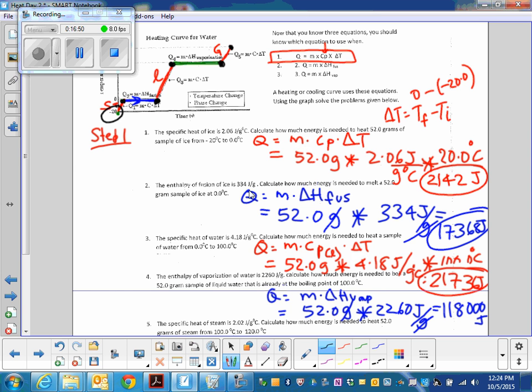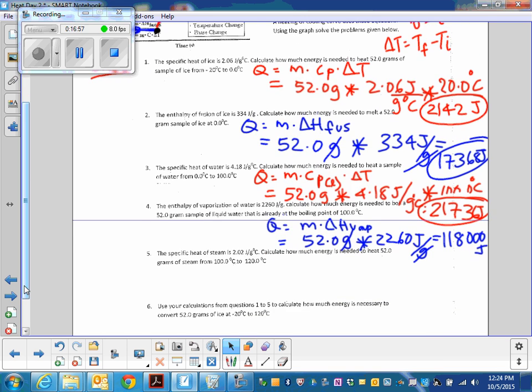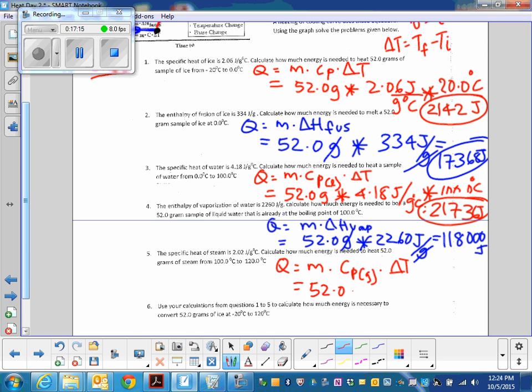The gas is being heated up. Is that right? So if I go to my final stage, what equation, guys? Q equals m times Cp of the gas times delta T. My mass is 52 grams.